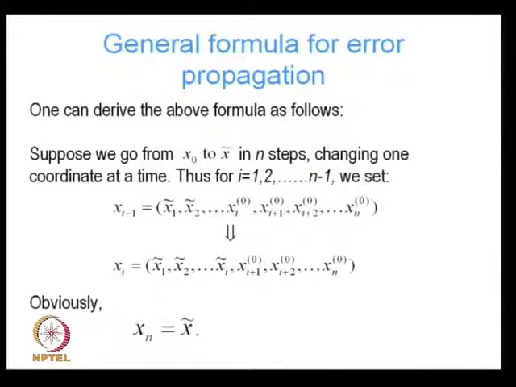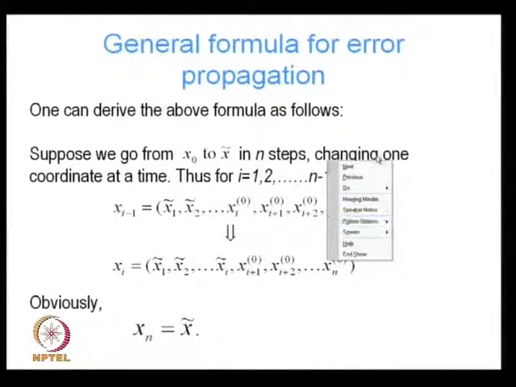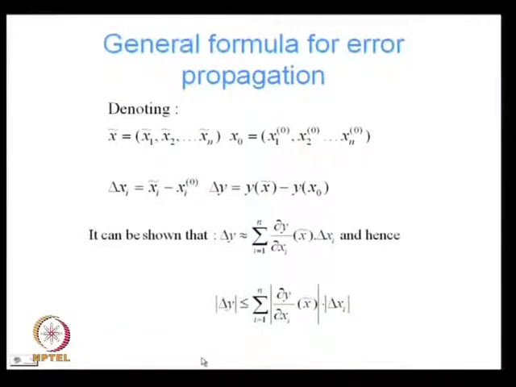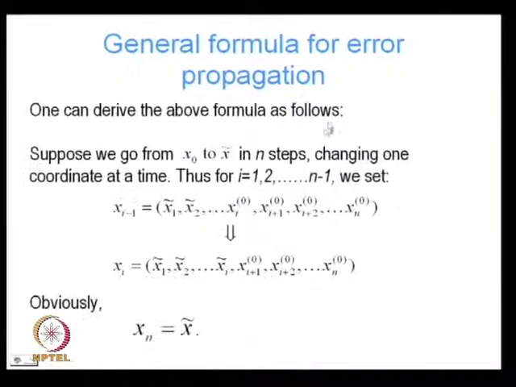One can derive this formula as follows. Suppose we go from x0 to x tilde, x0 being the exact solution, x tilde being the approximate solution, in n steps. In each step we start with x0, x10, x20, x30 up to xn0.